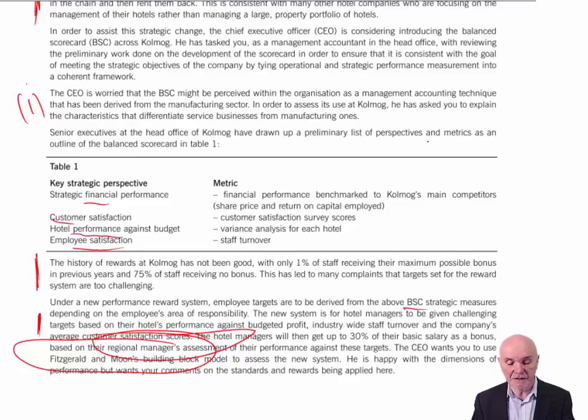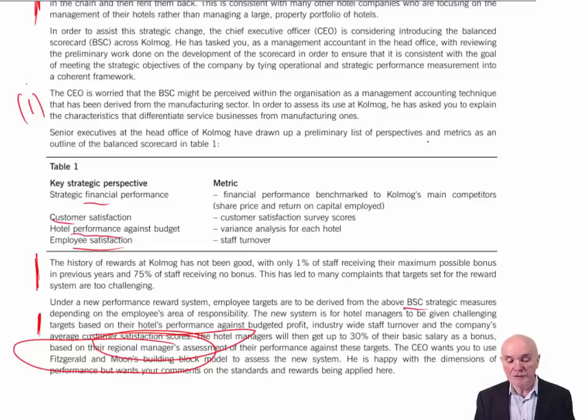Customer satisfaction, and they've decided to measure customer satisfaction survey scores, which is a start. It's not clear necessarily how many customers will be willing to fill one of these in. I think many customers simply won't bother, so I think a lot of their data may be suspect.